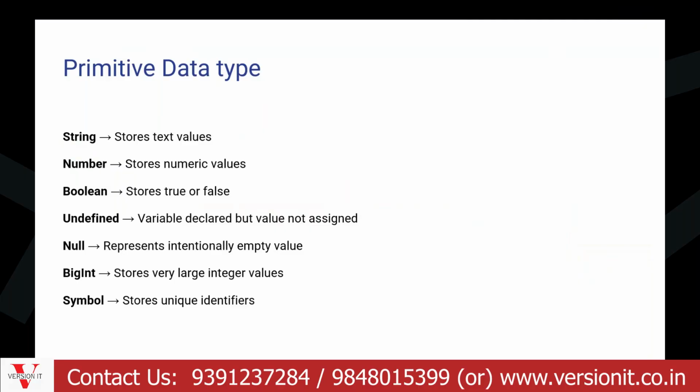Or it can store float or decimal values, like 10.5 or 1.2, any kind of decimal values. But when you take typeof of this variable, it will show you number itself. It will not show whether it's an integer or a float or a decimal. It will still show a number.